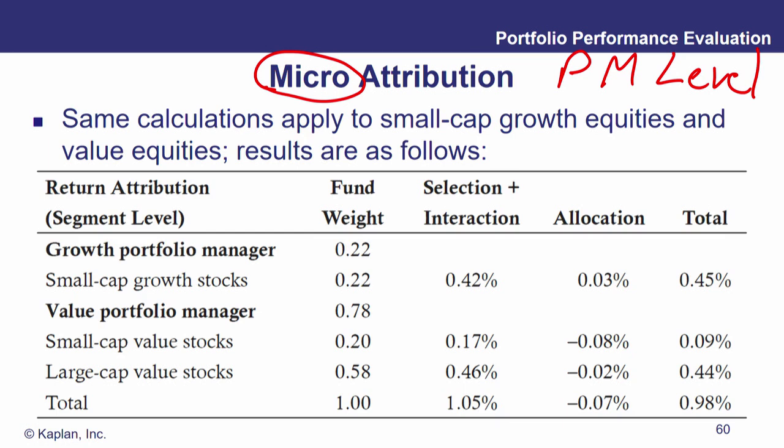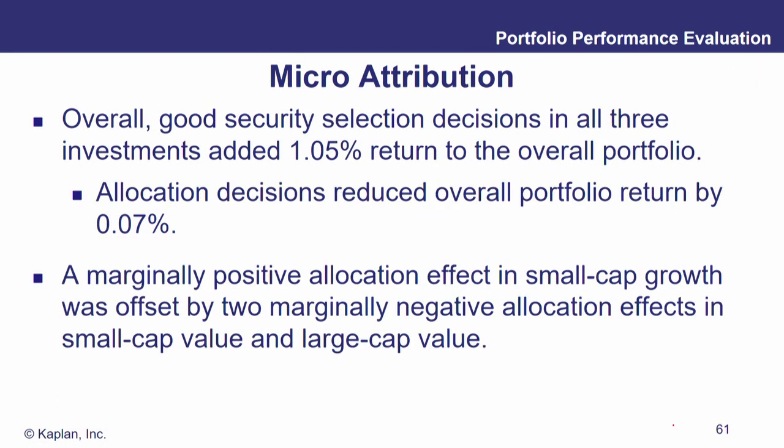So let's take a look at what we have. Again, we've got return attributions, we've got growth portfolio managers, value portfolio managers, we've got fund weights, we've got the selection interaction, we've also got the total, which again is 0.98%. Okay, so as we review this, what did we see?